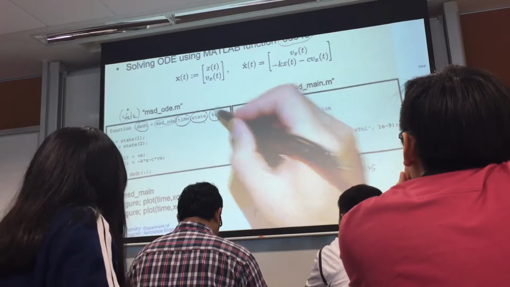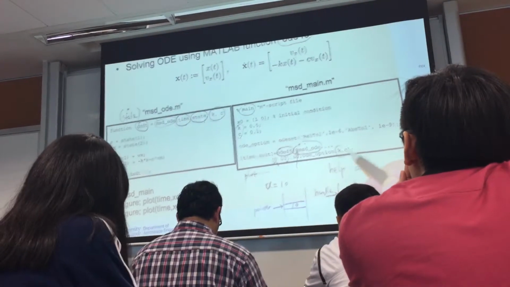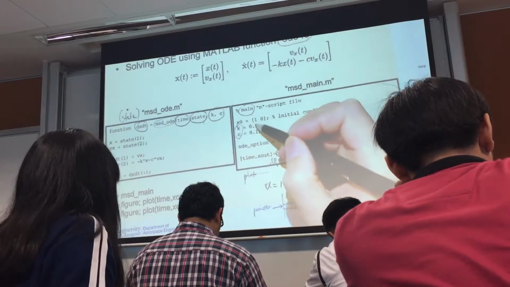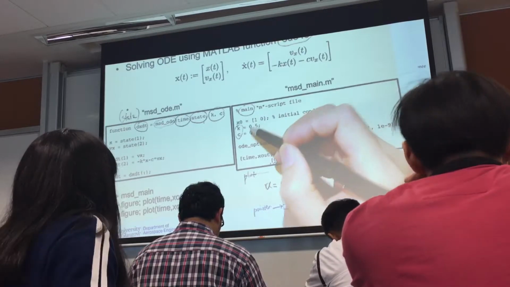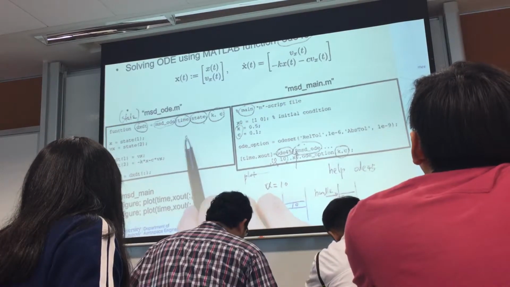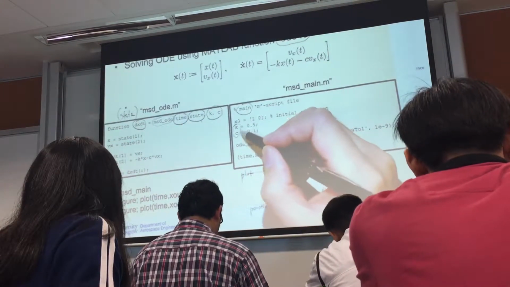These will be the parameters transferred from here. You define your parameters in the main program, and you want to transfer them into your differential equation. The way is to define the parameters here.